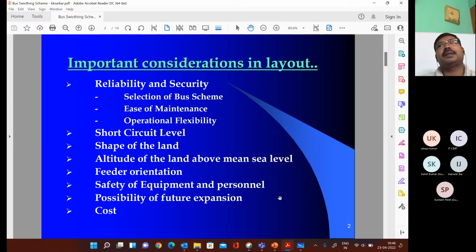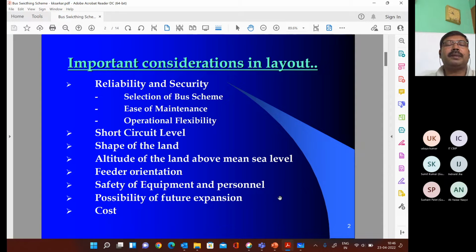So the first criterion is that it should be reliable and secure. This is a consideration for both layout as well as bus switching scheme.